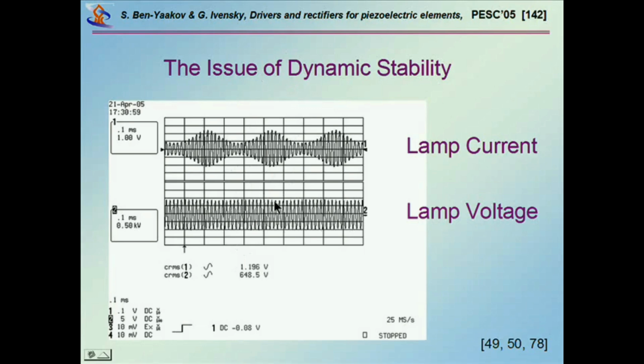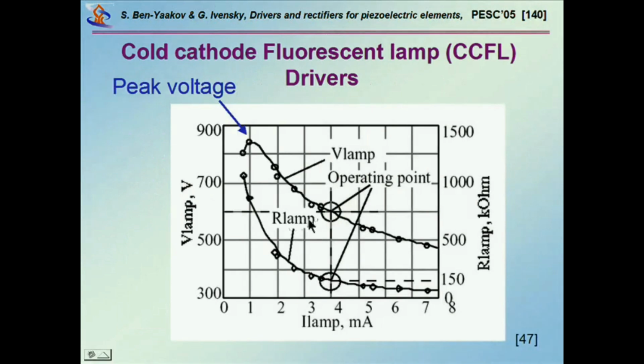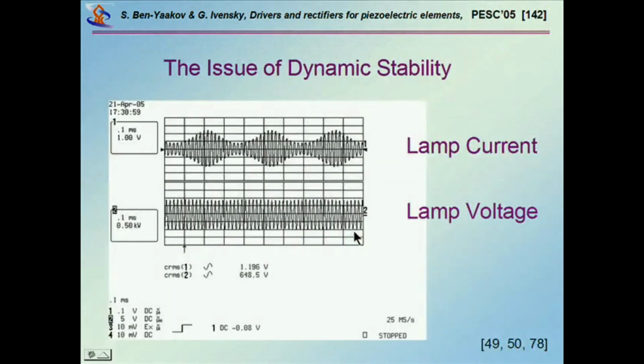The reason you see it a little bit, and the reason you don't see it in the voltage, is because this curve here for the voltage is flat, and so therefore you don't see much change in the voltage. For a large excursion of current, the voltage change is only small. Okay, so this is the problem that you have.